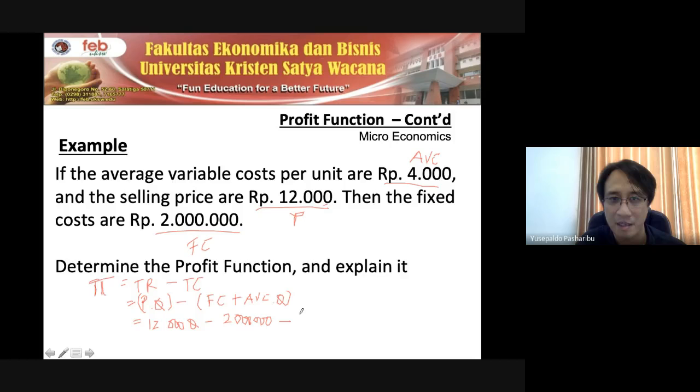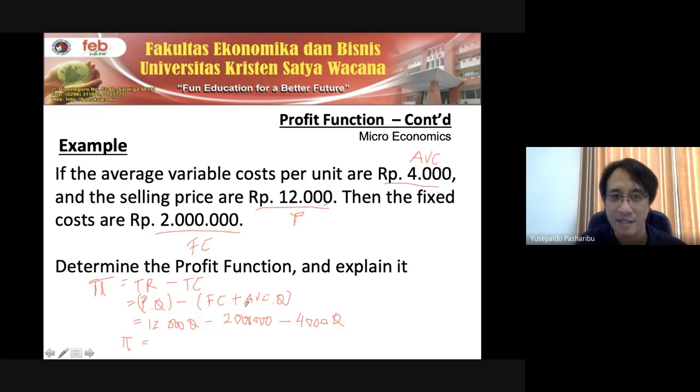Average variable cost equals 4,000 Q. The values that have the same variable, we can calculate together.